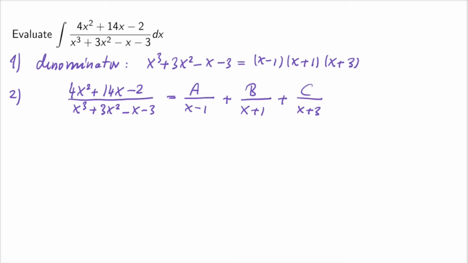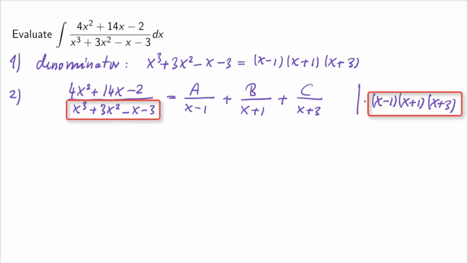All right. So we need to find a, b, and c. And this is easiest done by multiplying with the product of all these linear factors. So I multiply by x minus 1 and by x plus 1 and by x plus 3 all at the same time. Can we do that? Well, let's try. So this product I know is exactly the denominator.